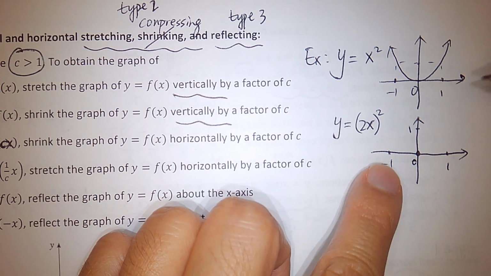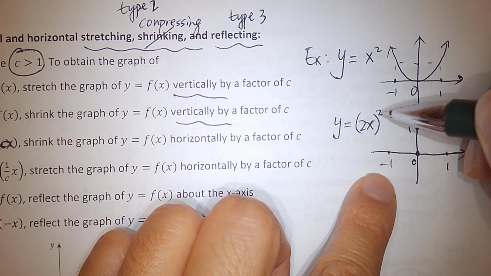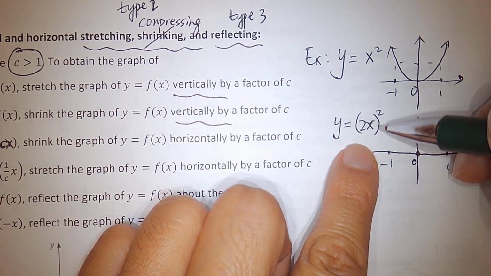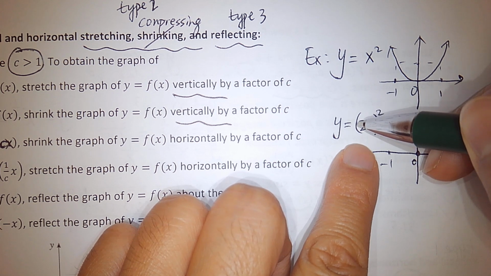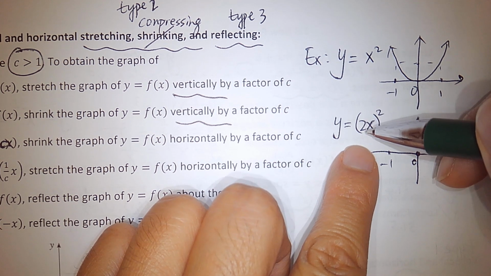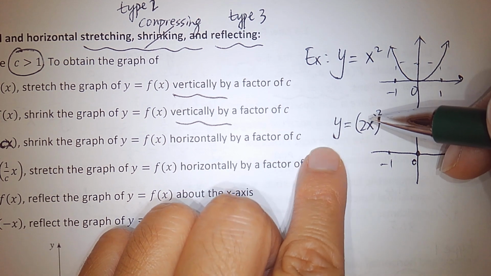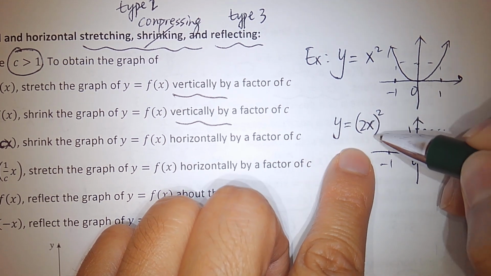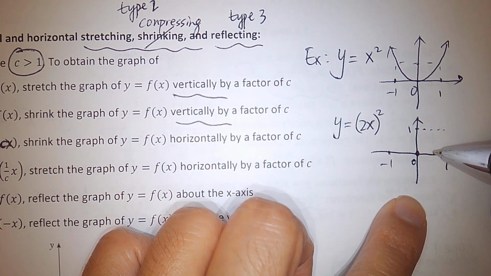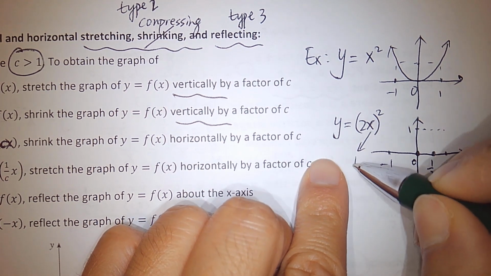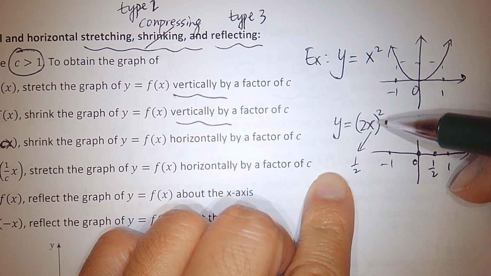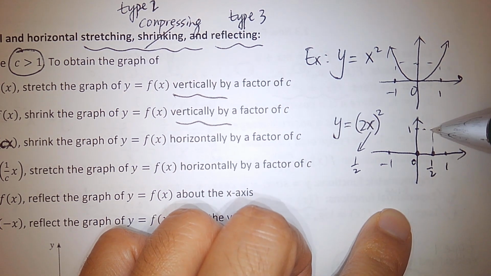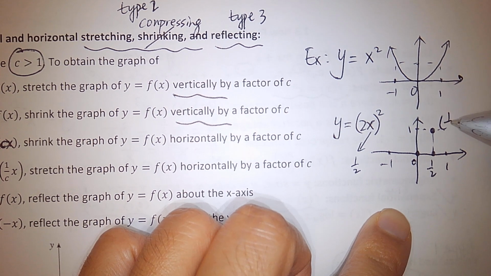Now, in order to get y equals 1, this 2x must equal 1, right? Or negative 1, to make the square equal 1. So if 2x equals 1, x equals 1/2. So when we choose x equals 1/2, 2 times 1/2 is 1, which gives us y equals 1. Guys, do you see that?